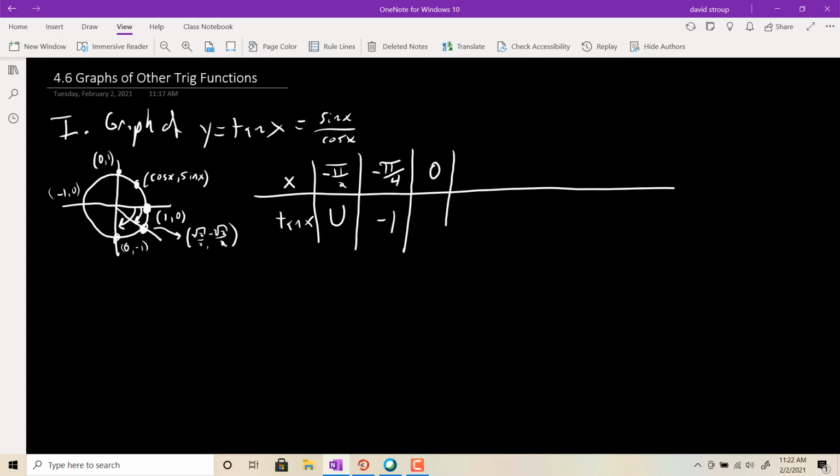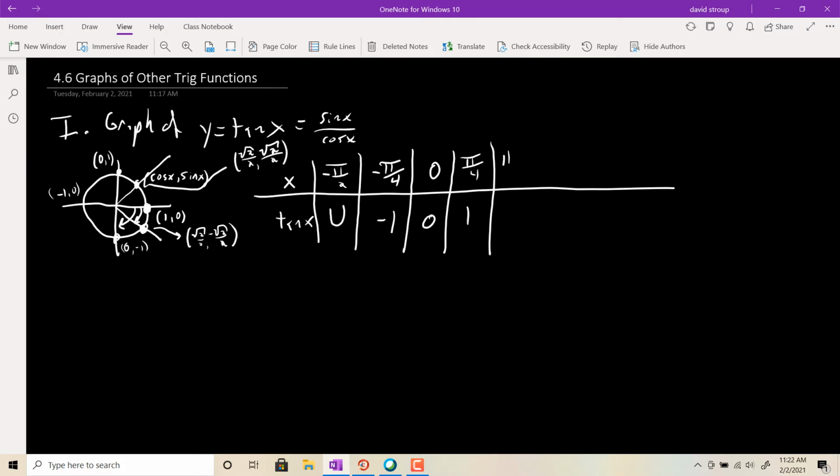That's kind of where we started, 0. And then we'll go by pi over 4s. Let's pretend this is pi over 4 here. The point on the unit circle there would be root 2 over 2, root 2 over 2. So the ratio of sine over cosine, root 2 over 2 divided by root 2 over 2, is just 1.